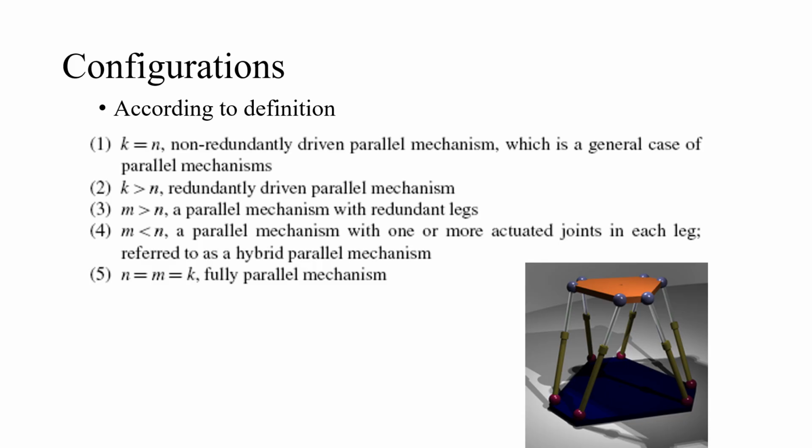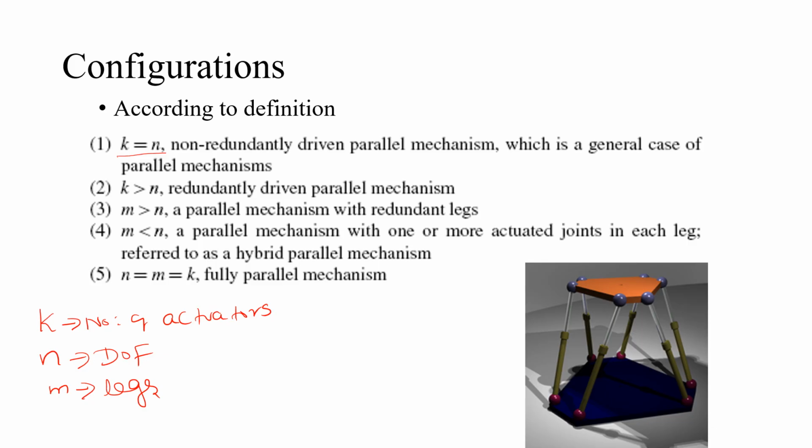So according to the definition, if k is equal to n, so what is k? k is nothing but the number of actuators, and n is the degrees of freedom, and we also have one more variable, that is m. m refers to the number of independent kinematic chains or legs, right?